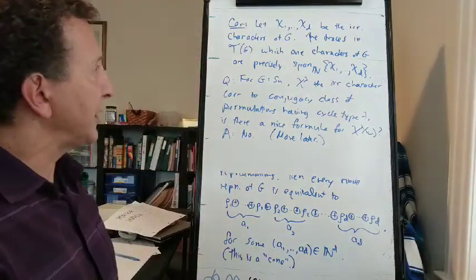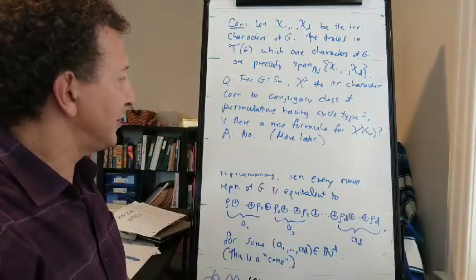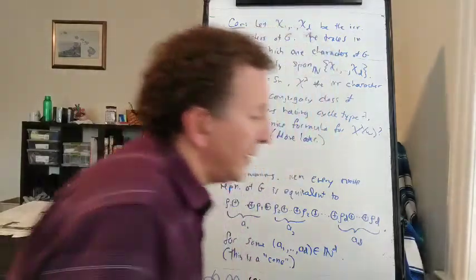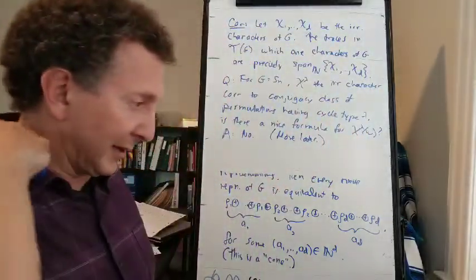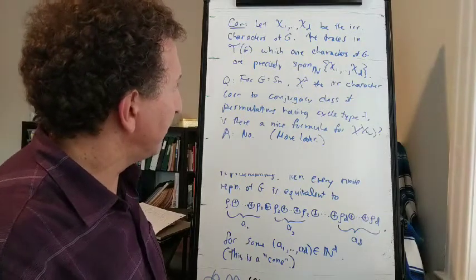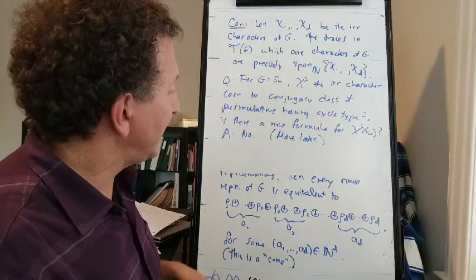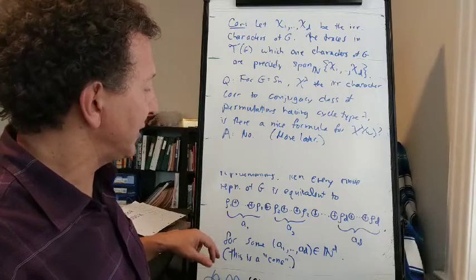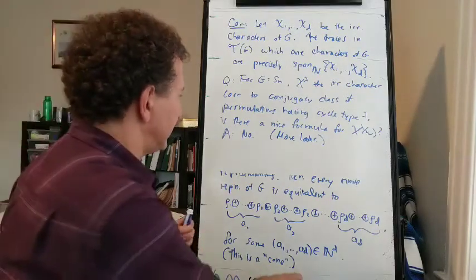So let's do an example with irreducible representations of S3. And the representation that we looked at last time, the defining representation, is not irreducible. But its character should be a non-negative linear combination of the irreducible characters.